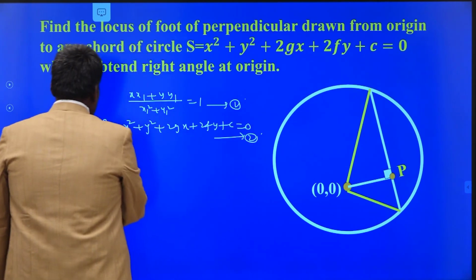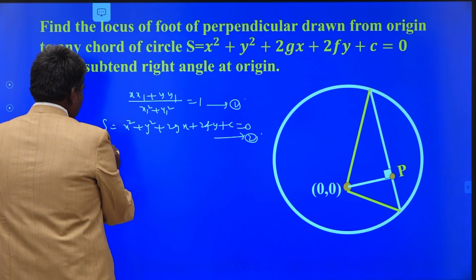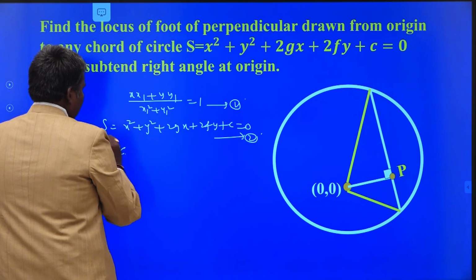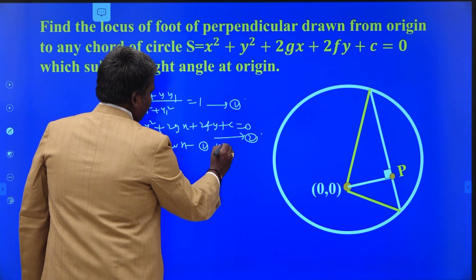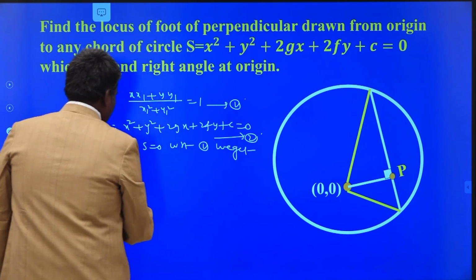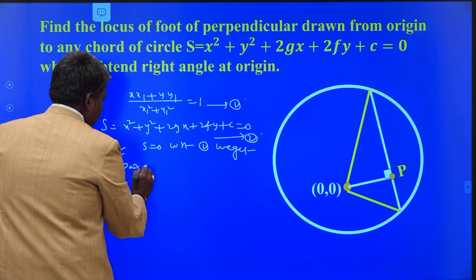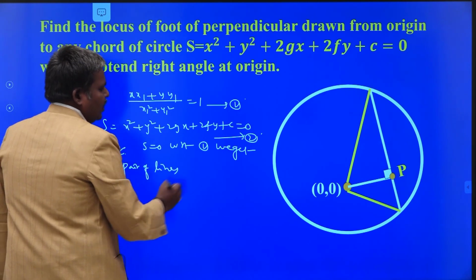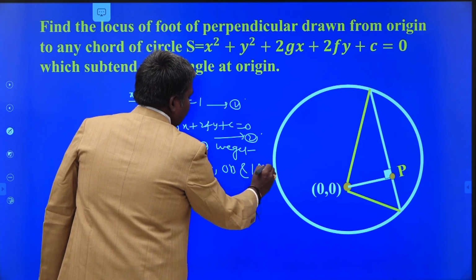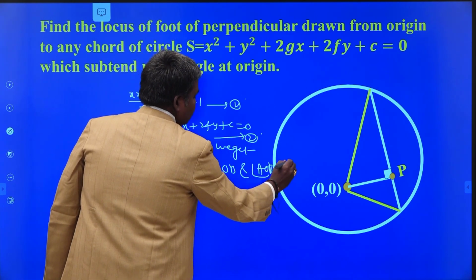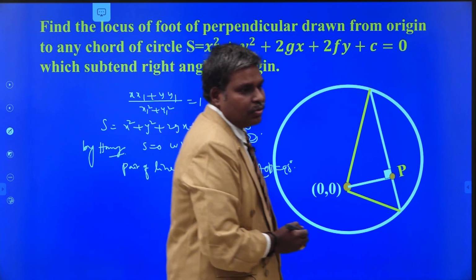By homogenizing S equal to 0 with respect to the line, we get the pair of lines OA, OB, and angle AOB is equal to 90 degrees.